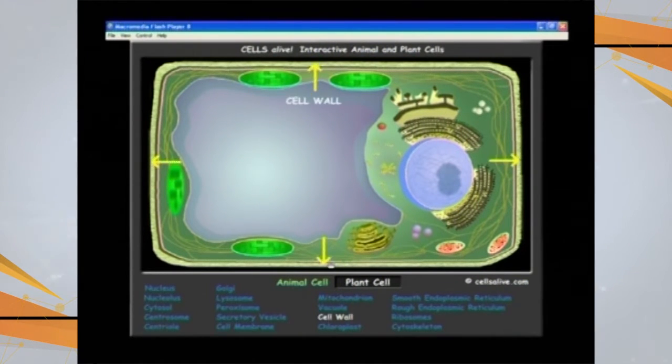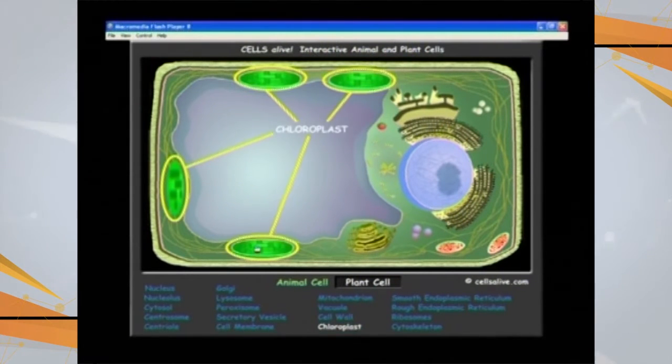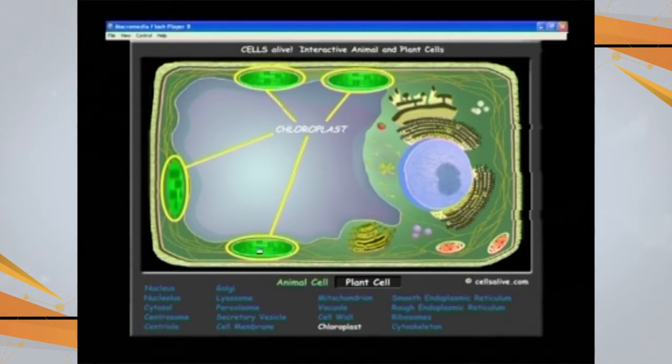In the middle of a plant cell there is a large single central vacuole. We will be discussing in detail the role of that vacuole. There are also some additional structures not present in the animal cell. These are the chloroplasts, because plant cells have the additional function of photosynthesis, so they have these organelles to perform this function.